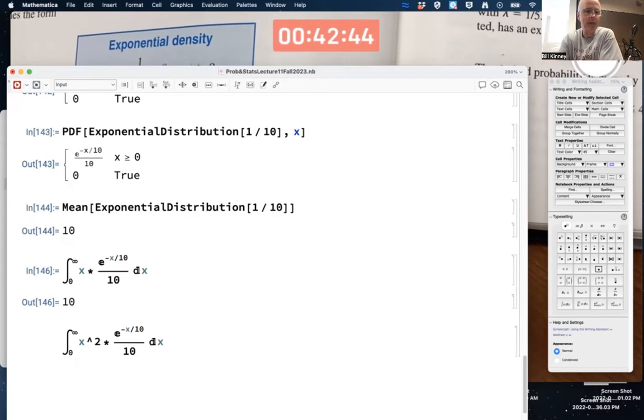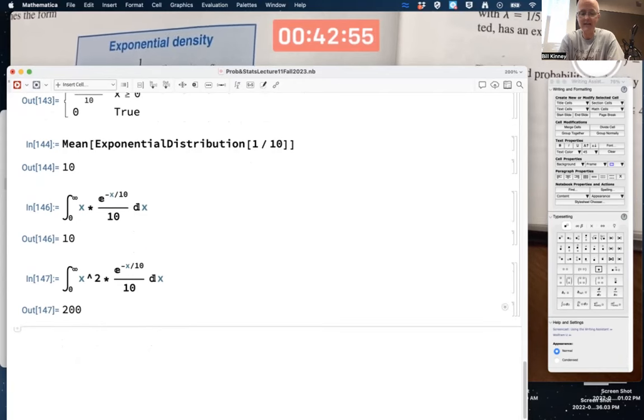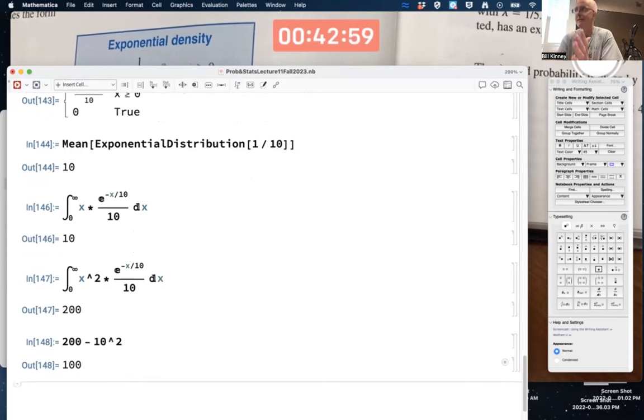Beta is 10 here. Lambda is 1/10. So we should get a variance of 10 squared, 100. Here's the second moment. That's not the answer. Take the second moment minus the square of the first moment. There's the answer. There's the variance of an exponential distribution. Beta equal to 10, lambda equal to 1/10.